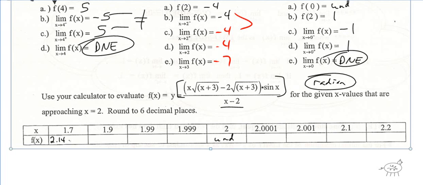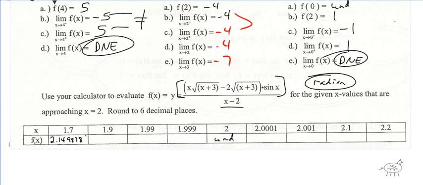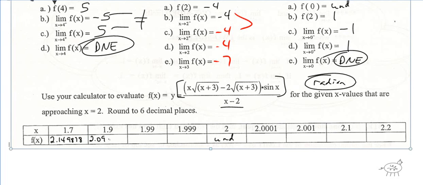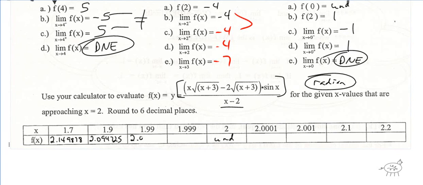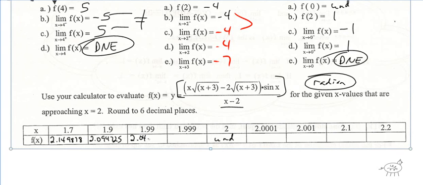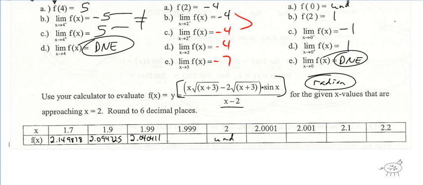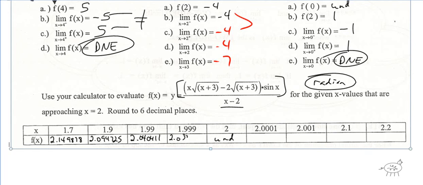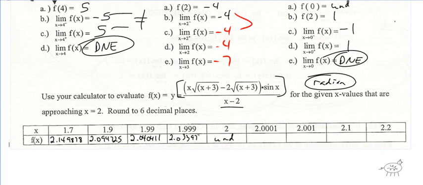So 2.149878, and this is 2.094725. And this is 2.040411, and this is 2.033977.